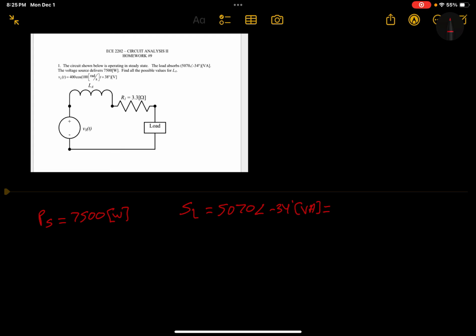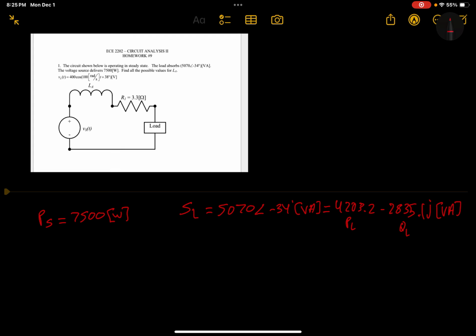And this can also be rewritten as 4203.2 minus 2835.1 j volt amps. And this is going to be the power of the load, and this will be the reactive power of the load.